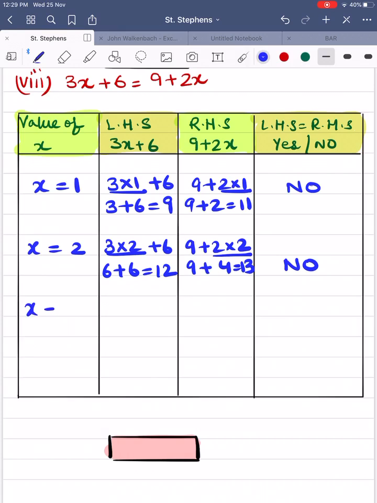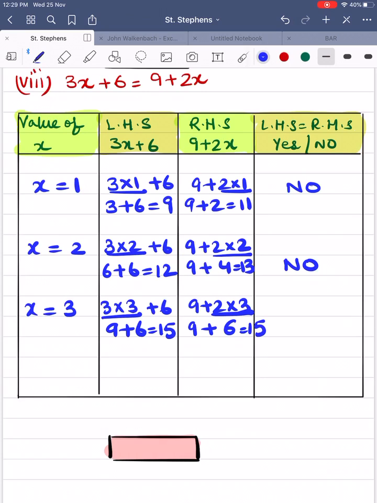Let's try x is equal to 3. So we have 3 into 3 plus 6. Now 3 into 3 is 9 plus 6 is equal to 15. And in right hand side we have 9 plus 2 into 3. So we have 9 plus 6, which is equal to 15. So children, here left hand side is equal to right hand side and we stop here.